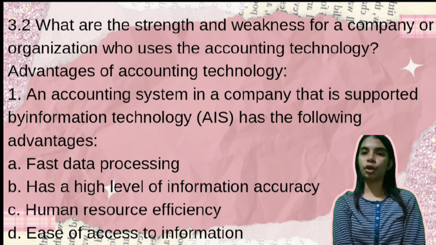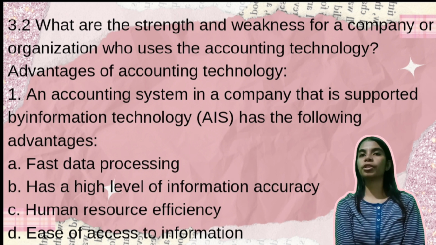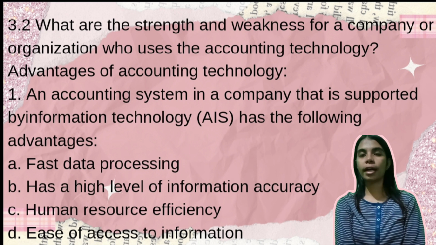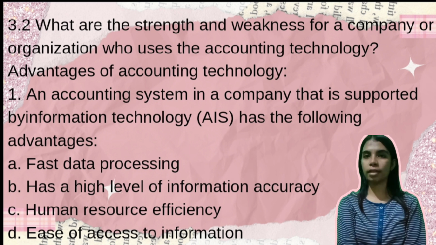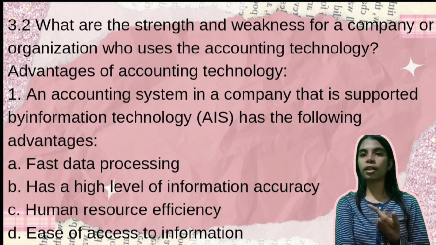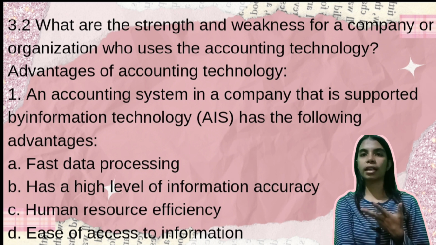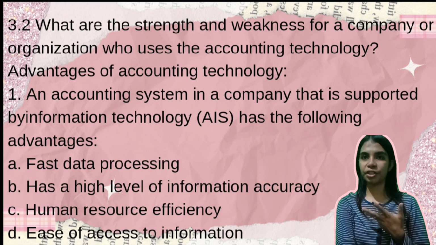Number 3, human resources efficiency. A manual accounting information system with a large amount of transaction data will require more personnel to carry out tasks as data processors. There are journal recording officers, internal audit officers, adjustment officers, and even financial report preparation officers.